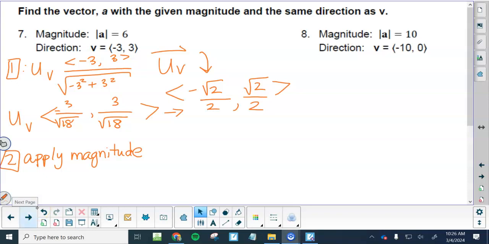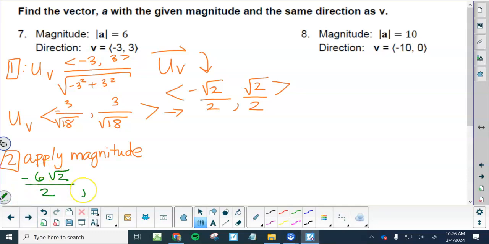We're going to multiply both of these by 6. That's going to turn into a negative 6 root 2 over 2, positive root 6. I'm sorry, positive 6 root 2 over 2. Should we leave that as our final answer?